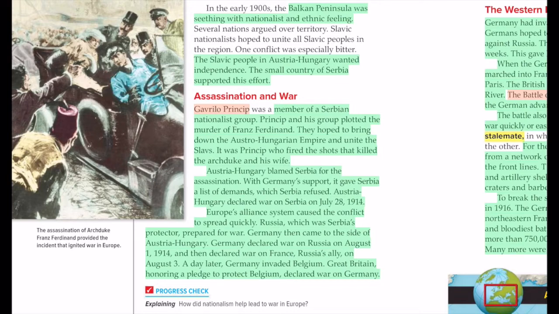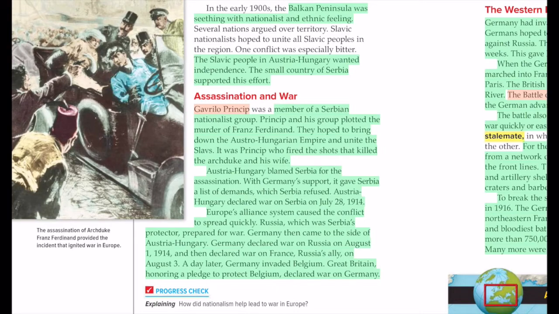There are a lot of Slavic people who live in Serbia, which is right next door. The Serbs are encouraging the Slavic people to want their independence from Austria-Hungary. And so that nationalist feeling has been building, the feeling that that ethnic group should be able to have their freedom. And there's a lot of controversy.